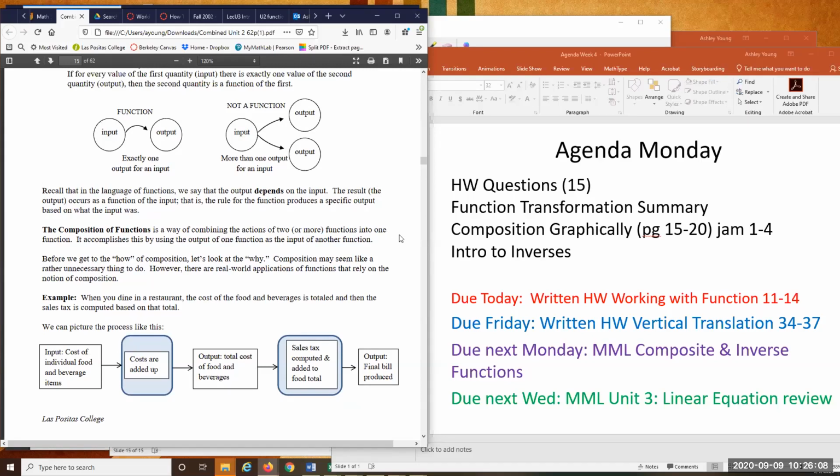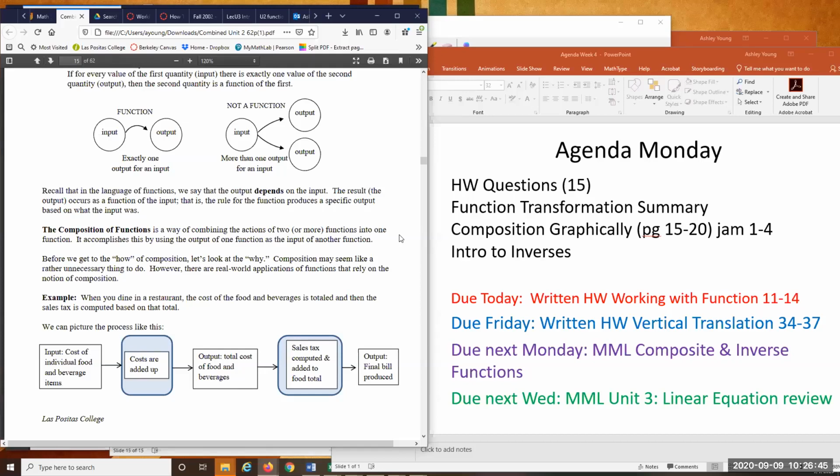Recall that in the language of functions, we say that the output depends on the input. The result of the output occurs as a function of the input. That is, the rule for the function produces a specific output based on what the input was. The composition of functions is the way of combining the actions of two or more functions into one function.